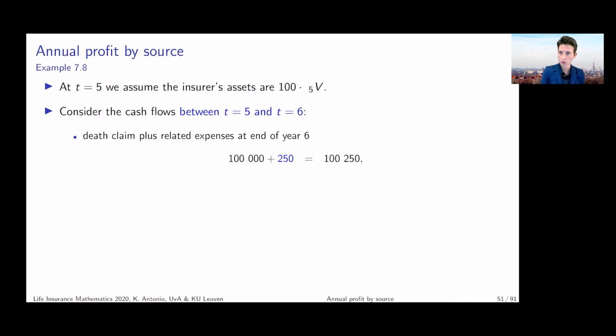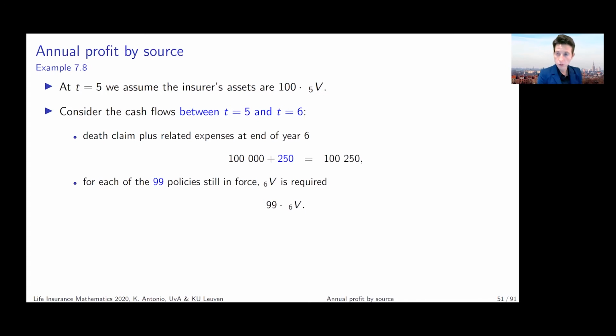We also have to pay for him or for her this related expense of 250 euros. So we need to pay 100,250 euros at time 6. And again, the 250 is the actual expense that we encountered for this one policyholder who died. That's what we have to pay in terms of the death benefits.